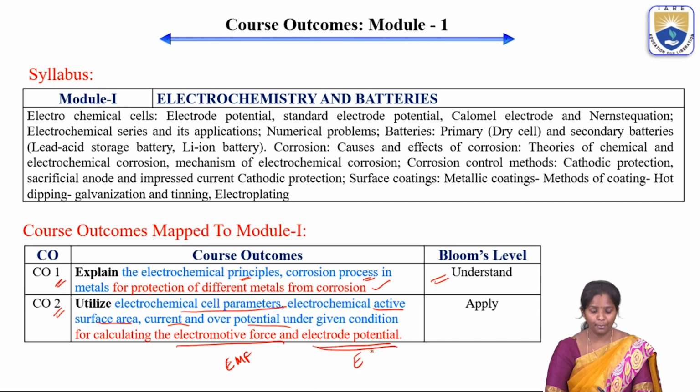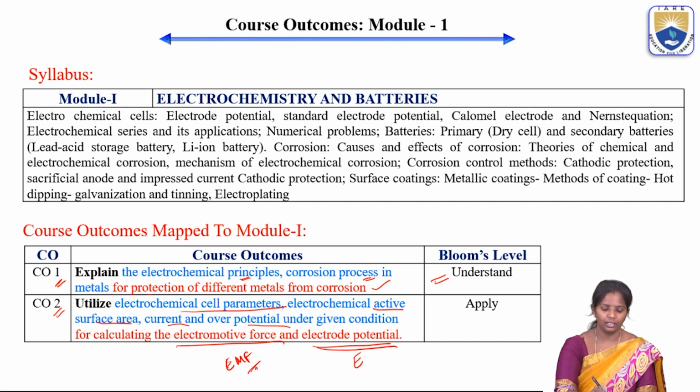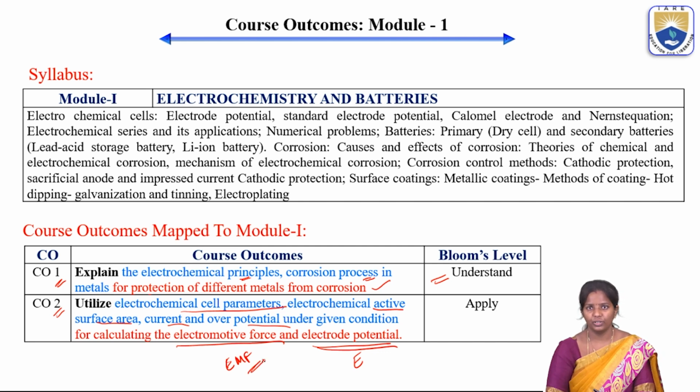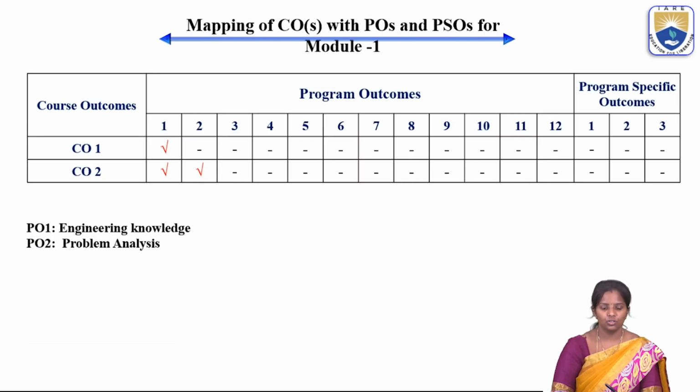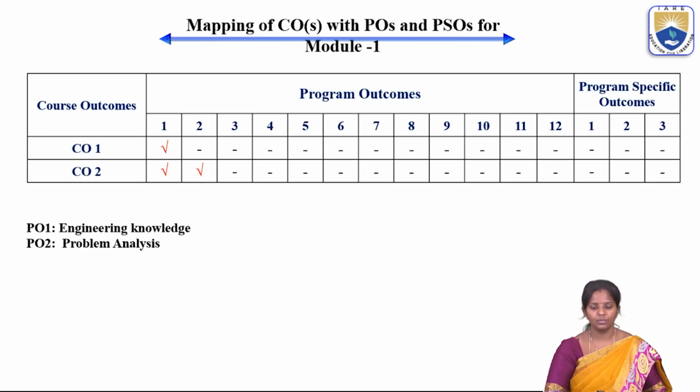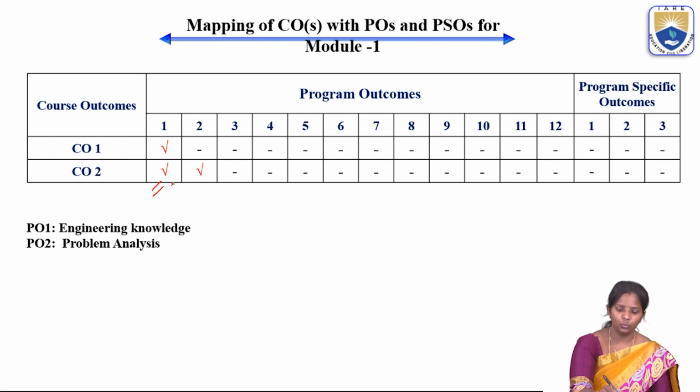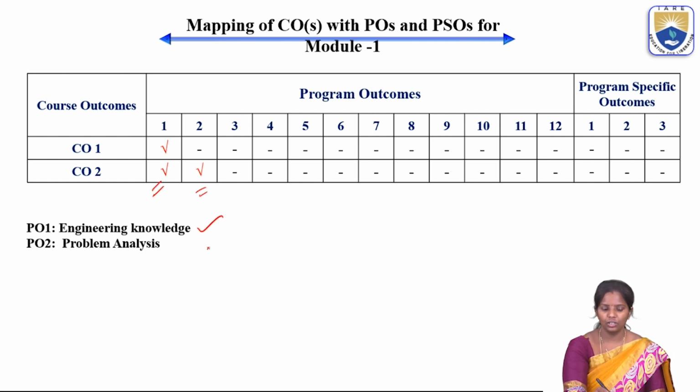So this is how we apply the knowledge gained from course outcome 1, and utilize it in calculations of the second terms like EMF or electrode potentials of that particular voltaic cell. So if you see, these course outcomes are mapped with 1 and 2. 1 is what? Gaining knowledge. So it is mapped with 1, giving a tick mark.